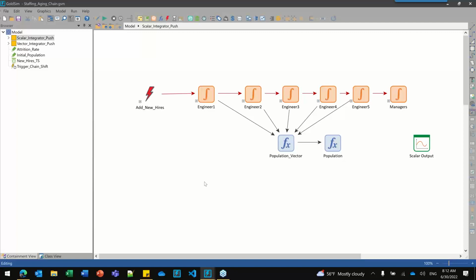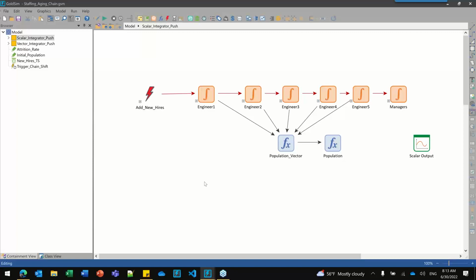And the model walks through the process of an engineer that graduates from engineer 1 to engineer 2 after 1 year of working there, and then subsequently graduates to engineer 3, 4, 5, all of those after 1 year.